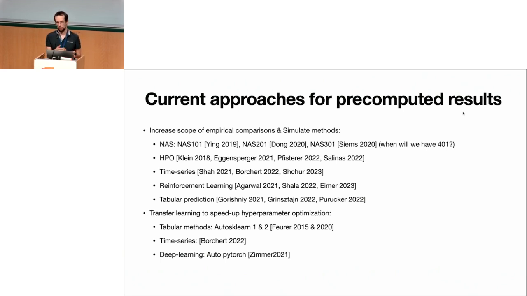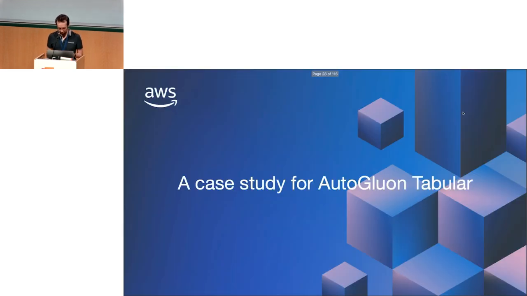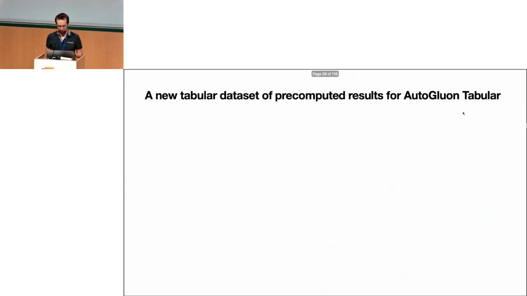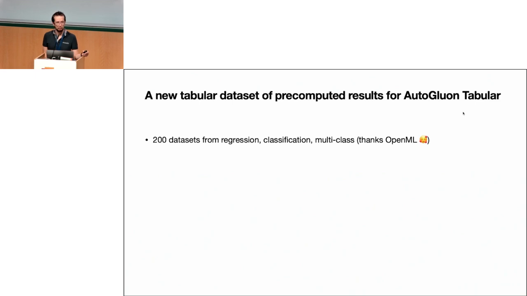So for instance, AutoScikit-learn 1 and 2 use it to improve their AutoML system, and there was also work using it for time series or for deep learning methods. Cool, so now for AutoGluon tabular, we acquired a big data set of pre-computed results. So we considered 200 data sets from regression, classification, multi-class. So thanks a lot to OpenML, because it would have been so hard otherwise.